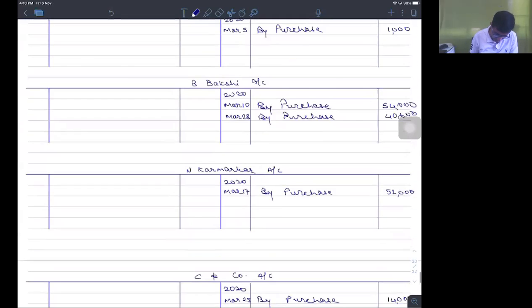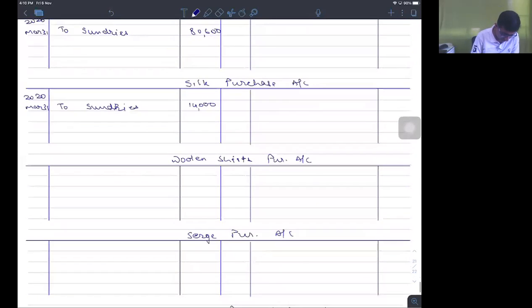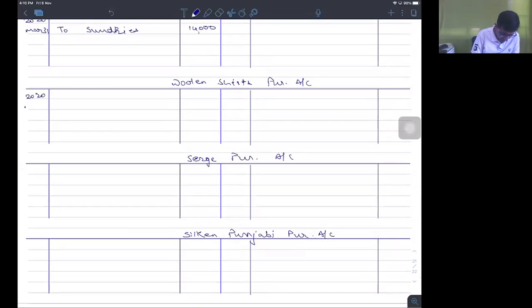Then woolen shirts, 32,000. 2020, March 31st, to Sundries, as how much? Rupees 32,000. Then we have surge purchase, 2020, March 31st, to Sundries.